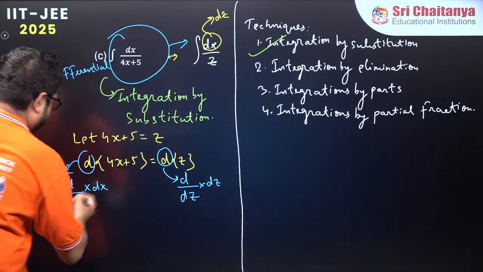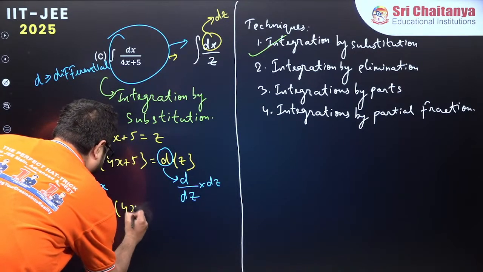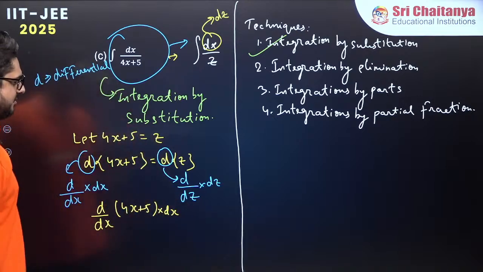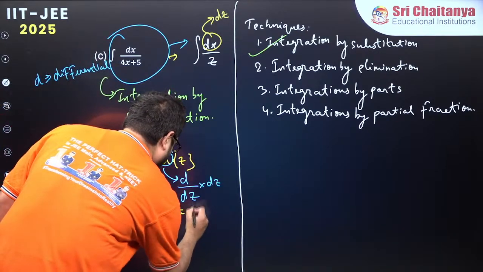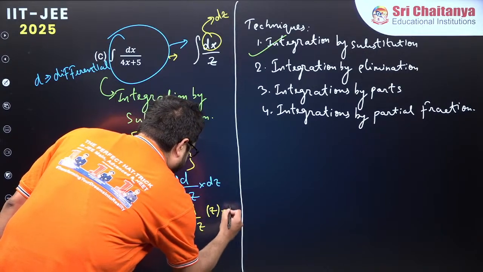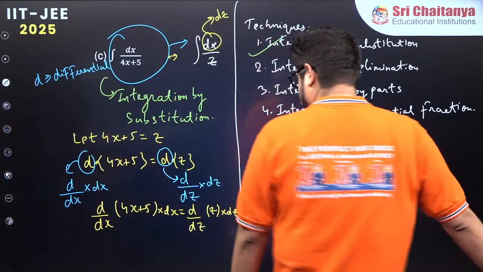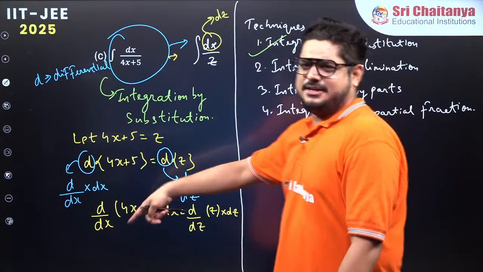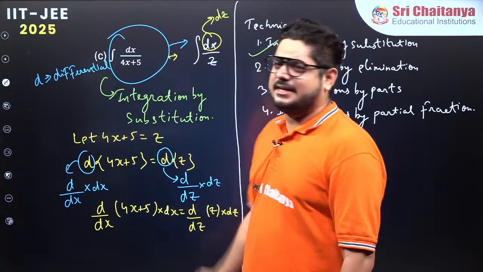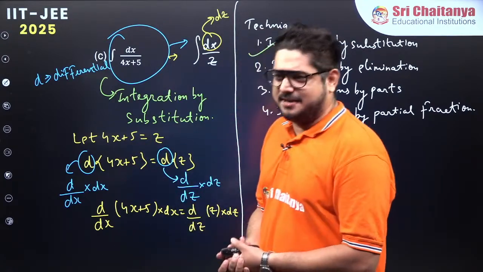We can write this as d by dx of 4x plus 5 into dx, step by step, just try to understand. And over here I can write it as d by dz of z into dz. Okay, everyone? We can write it like this because we don't have any tax to pay, isn't it? This dx can be brought over there because it's associated with the multiplication sign.